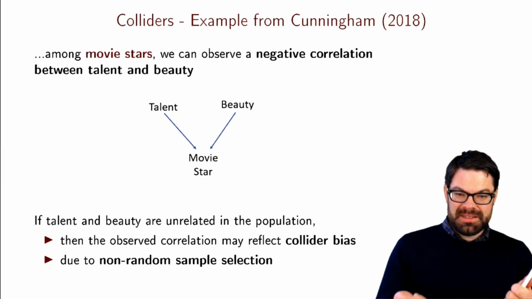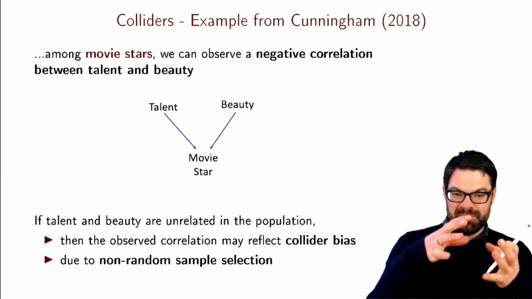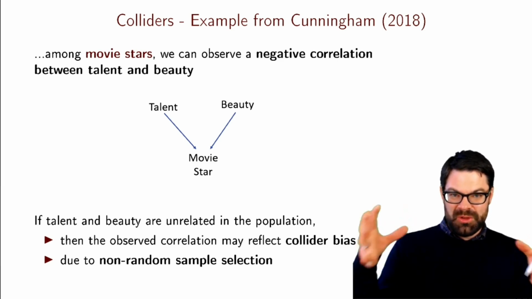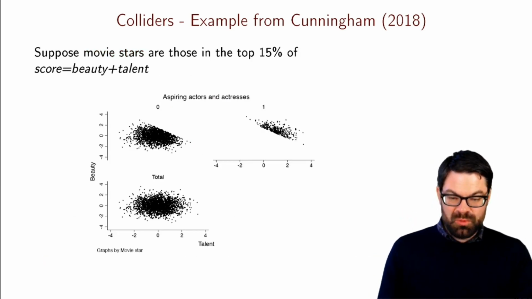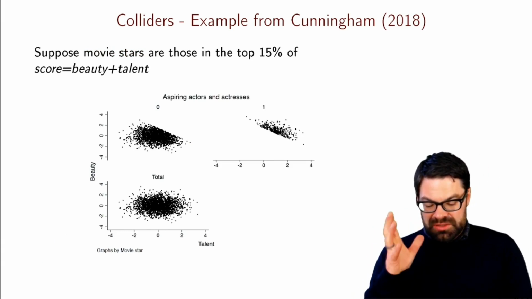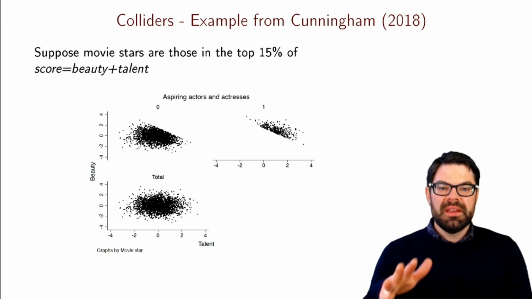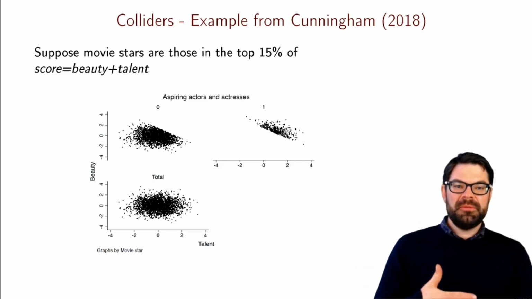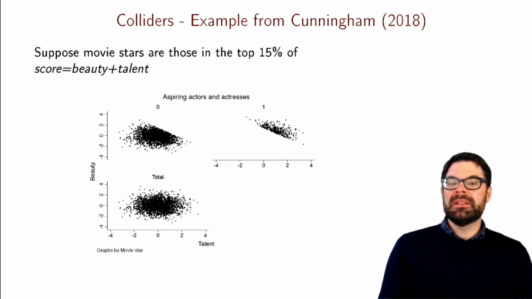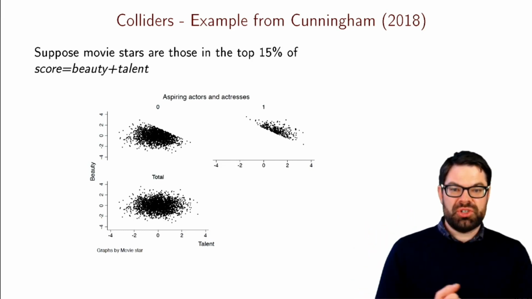All that is there is that it reflects the fact that we slice a particular part of the overall population. So what is that part of the population? In order to understand that, we need to have a model in mind for selection into that profession.